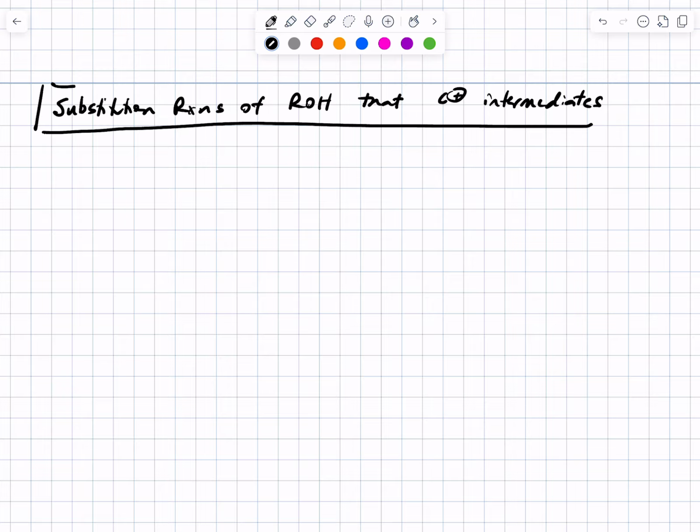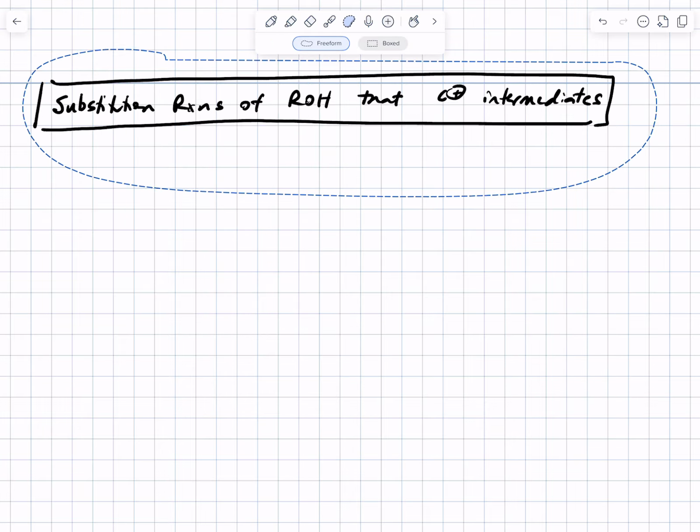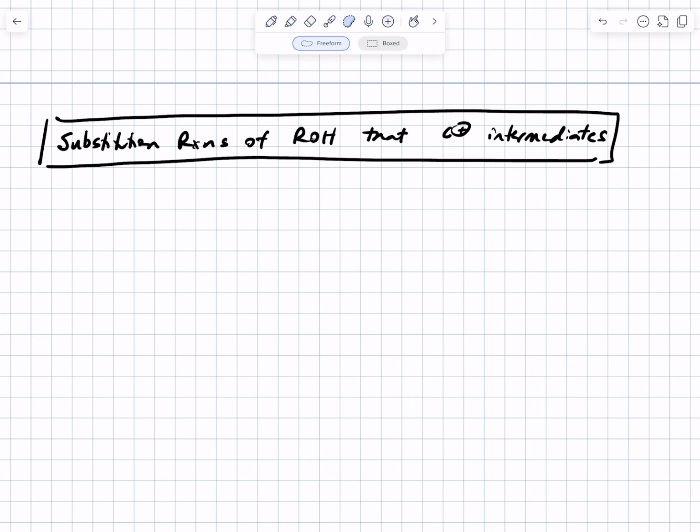Now, at the outset, I'm going to be introducing 3 new reactions, 3 new reagents. You're going to have questions about why these reactions work, and I'm going to have an absence of answers. The strategy in each of these is going to be turning the OH into something that's a good enough leaving group, but not good enough to leave on its own before it gets attacked by the nucleophile.